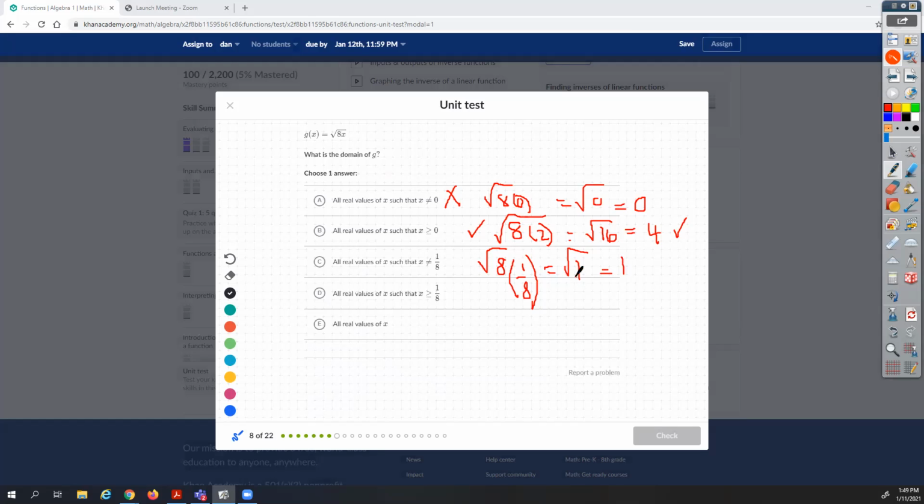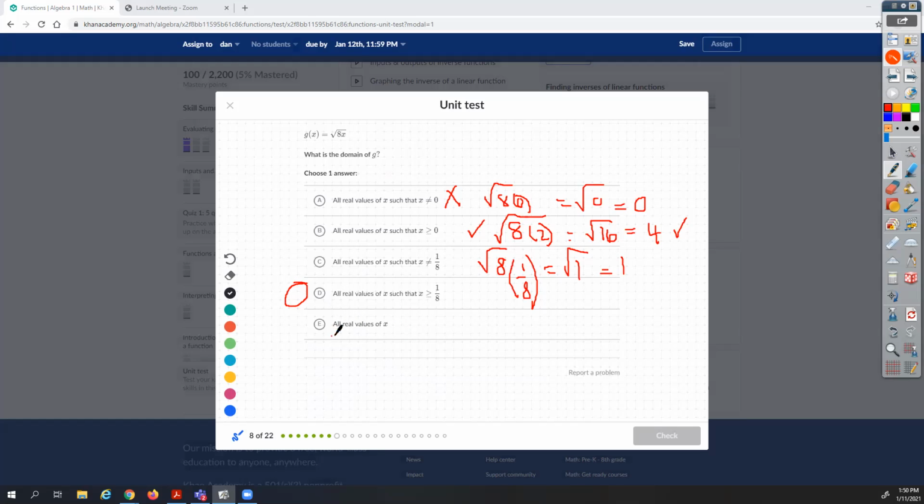That's correct as well. It says all real values of X such that X cannot equal 0, which it can equal 0. All real values of X such that X is greater than or equal to 1/8. Well, 1/8 works, okay?